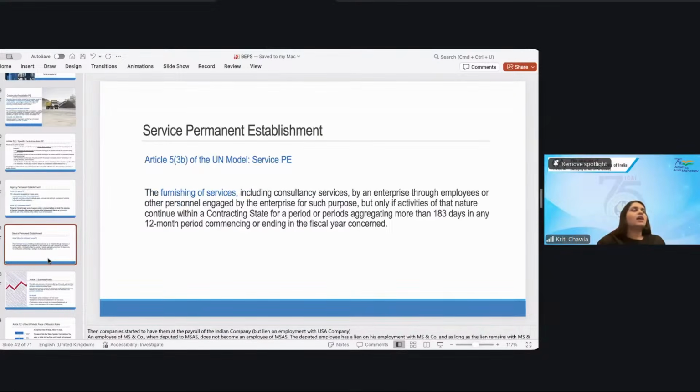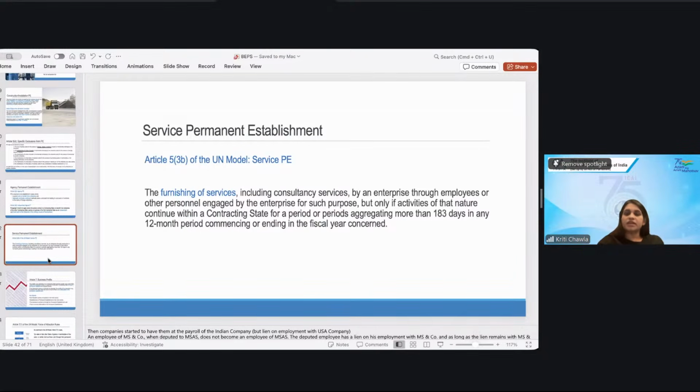The last thing is something called a service permanent establishment. This is something, as I mentioned, very specific to the UN model, and it's something which you will not find in the OECD model, where services are being rendered.